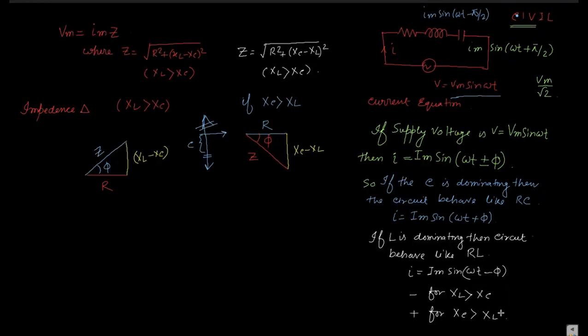Okay, so you can draw the waveform also, in two parts. One is when XL is greater than XC. In that case, what is the nature of the waveform?